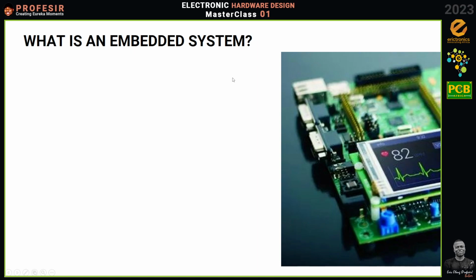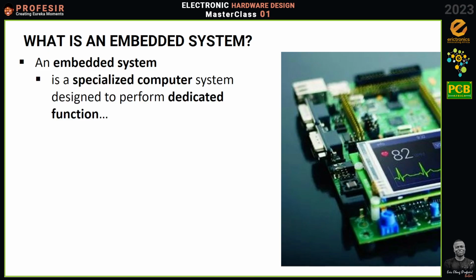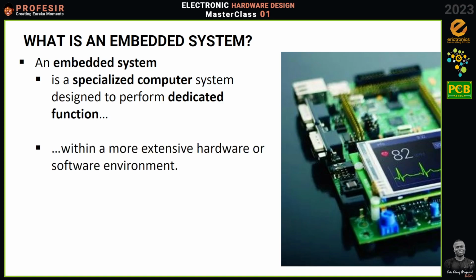In simple terms, embedded systems are typically specialized computer systems that are dedicated to perform a specific function in another system. It could mostly be in the form of extending a hardware environment or even a software environment.